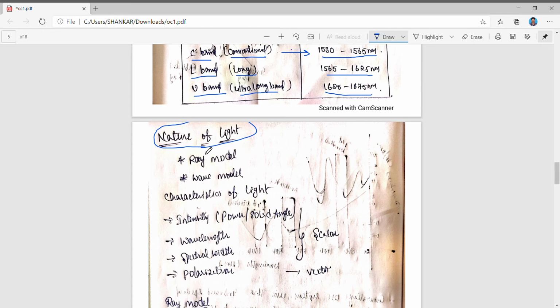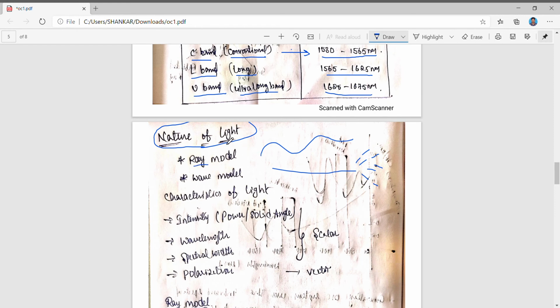Whatever signal you have, we can transmit it in terms of waves or in terms of lines, meaning rays. I think you know about rays, like sun rays.